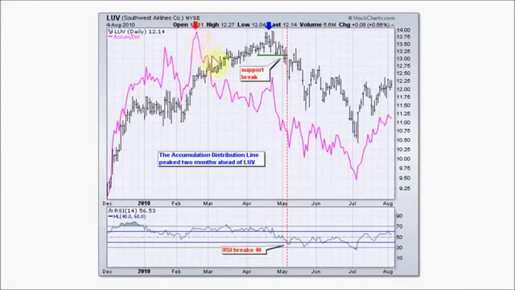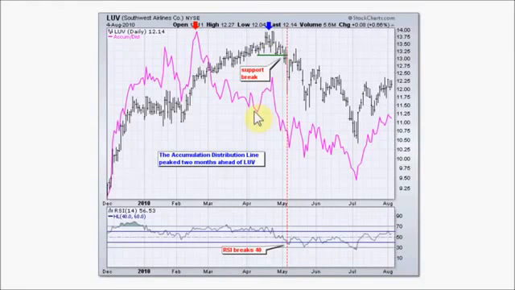Okay, AD line starts falling hard. And that was well before the stock actually broke down and broke all of this support. Okay, this was the last level of support. Okay, and then it went up pretty good to set the high here.